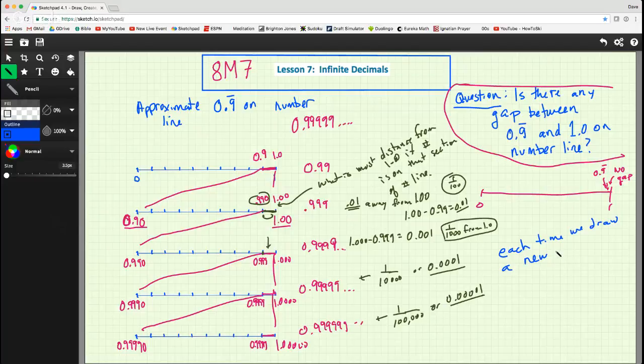So each time we draw a new magnified number line, we get closer and closer to 1.